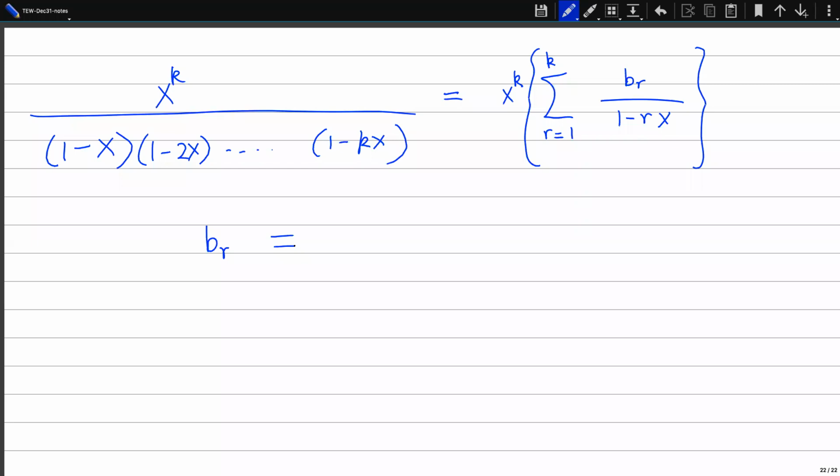That will already tell us how the other terms are. So what should b_1 be? So what should we do after multiplying both sides by the denominator? What value of x will you substitute to find b_1?